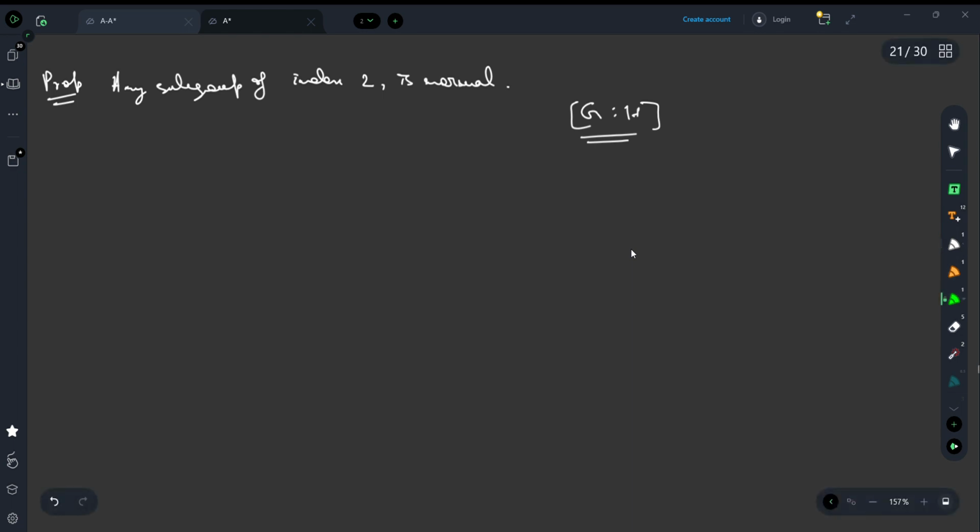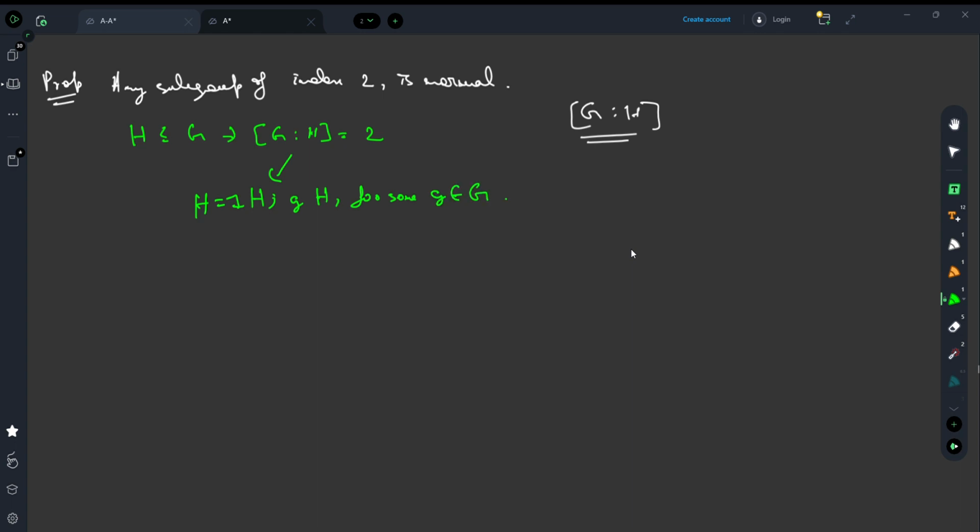How do we prove this? The proof is fairly simple. If I consider a subgroup H of G such that the index of H in G is 2, that means there exist precisely two distinct left cosets of H in G. Say, one will obviously be the identity left coset, that is 1H or just H, and one will be gH for some small g in capital G, right?